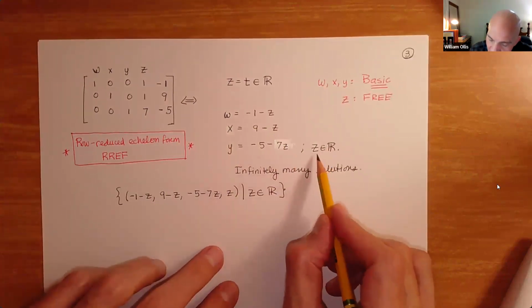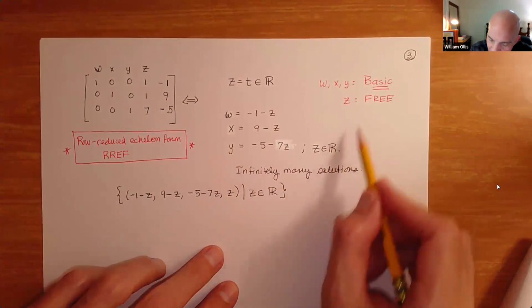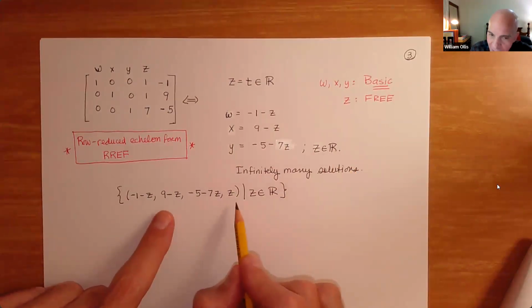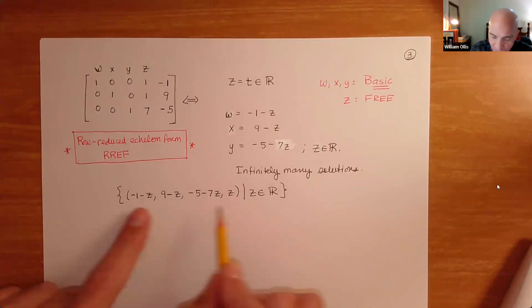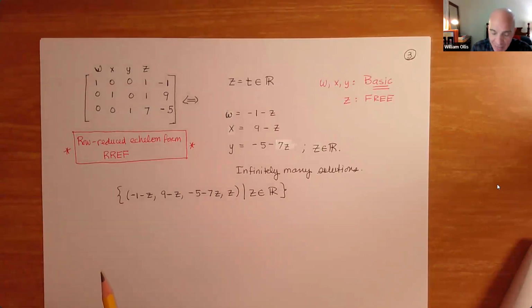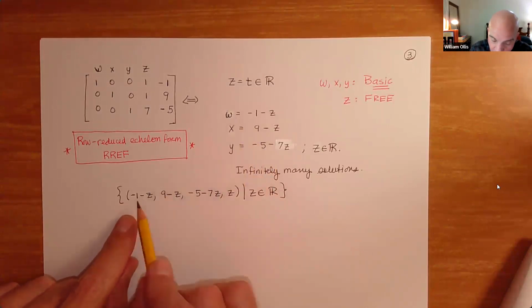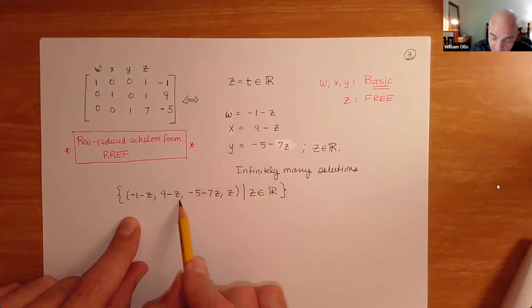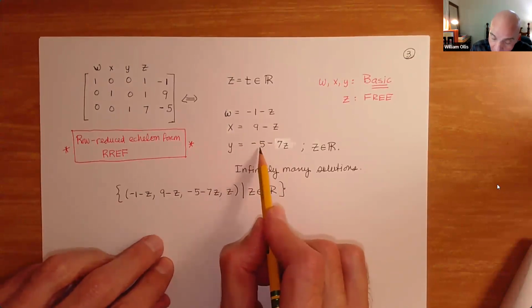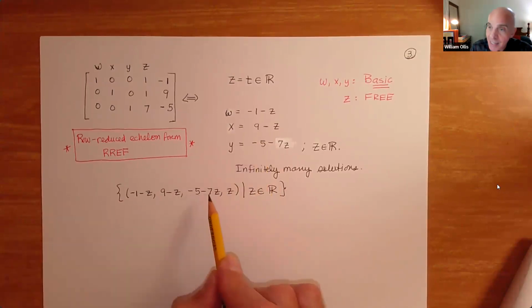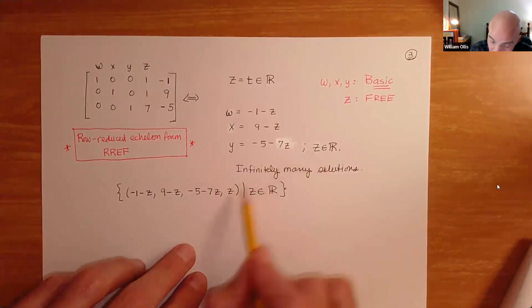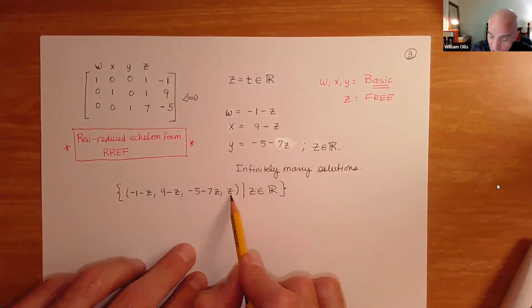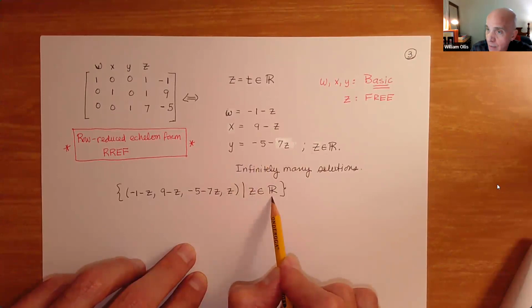So now Z is free, as we see here, and you could actually write this as a solution set with a 4-tuple. That is, now W is 1 minus Z, X is 9 minus Z, Y is negative 5 minus 7Z, and then, of course, the last coordinate is just Z, but Z is free.